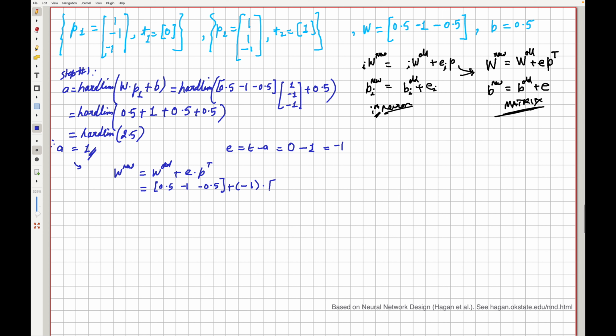Here we are transposing it, and so we write it in a row form, 1 minus 1 minus 1. If we go through this calculation, this would be 0.5, then all the values on this side would be the opposite sign.